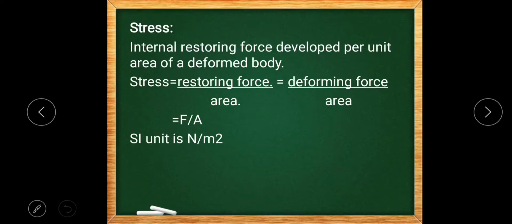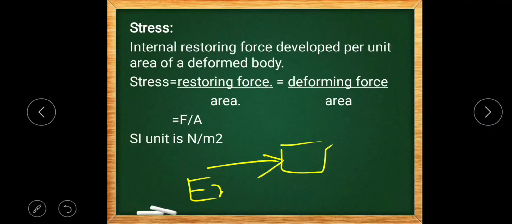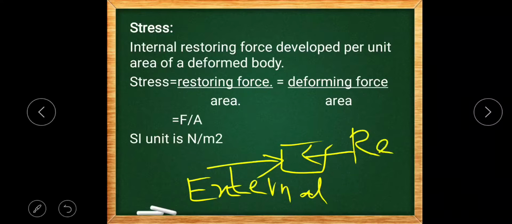Say, for example, you are considering a body. In this direction the external or deforming force is applied. Then the restoring force is developed in this direction, internally in the body.